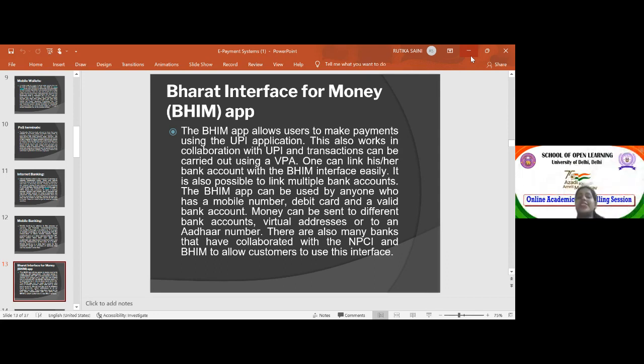This also works in collaboration with UPI, and the transaction can be carried out using the VPA, virtual payment address. And one can link his or her bank account with the Bhim interface easily. It is also possible to link multiple banks. So it is just like the other UPI apps, but it is there by the government of India.